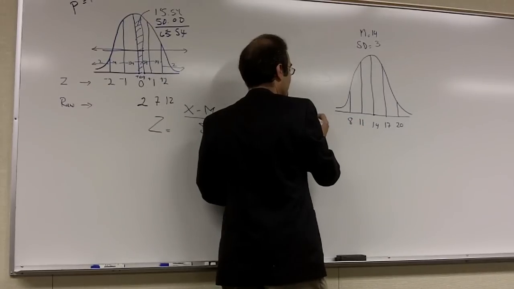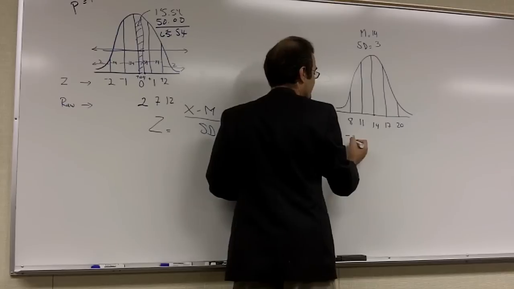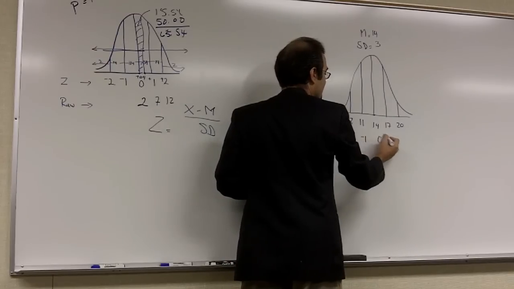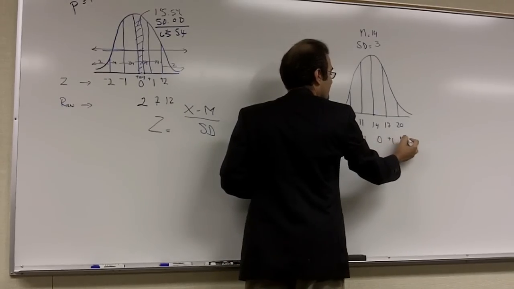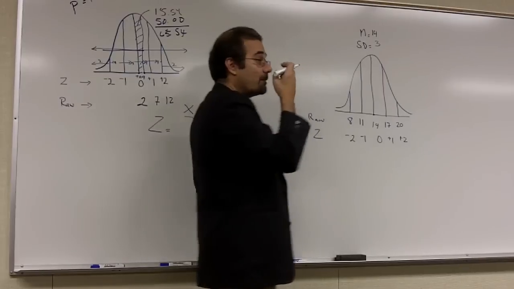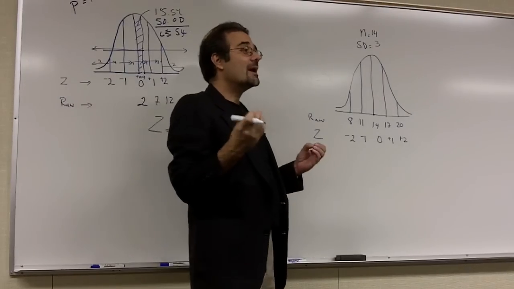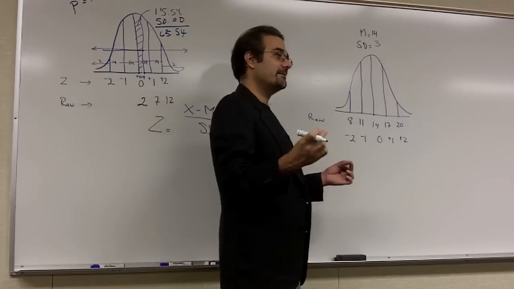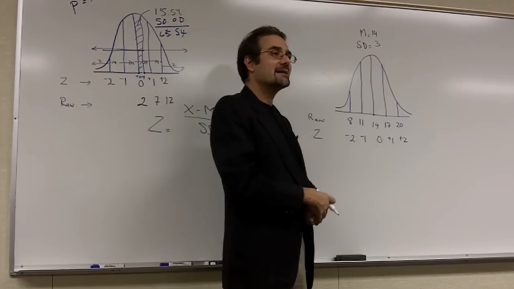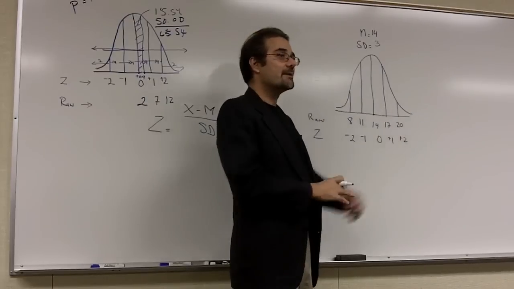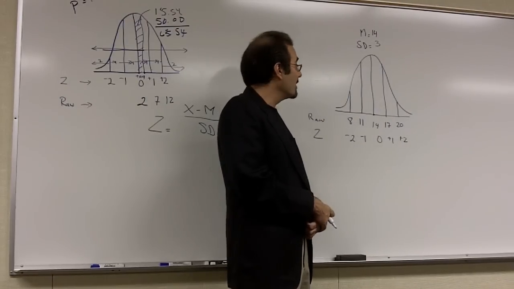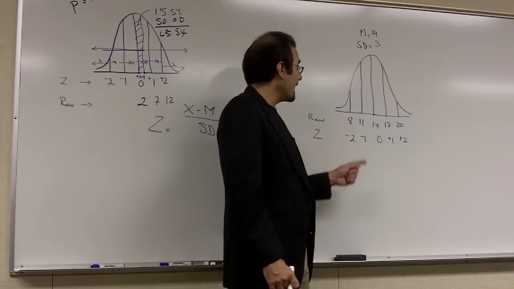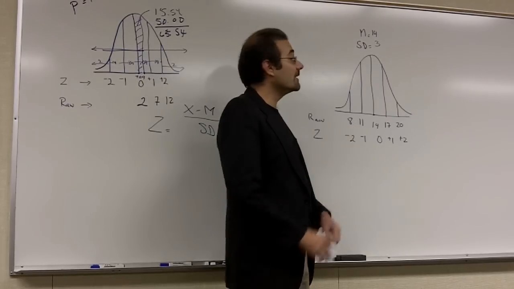These are the raw scores, and the equivalent z-scores are -2, -1, 0, +1, +2. Okay, so we wanted to ask the question, what if we simply randomly selected a single baby from this population, from this distribution, what is the likelihood that that baby would have walked at the age of 8 or below?